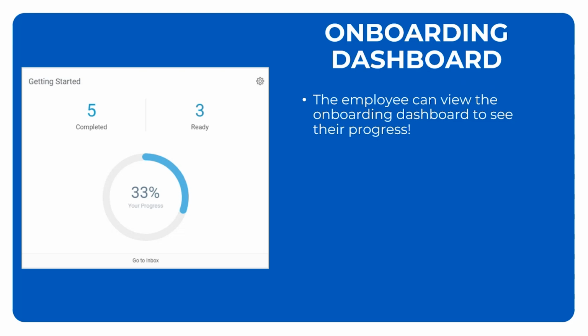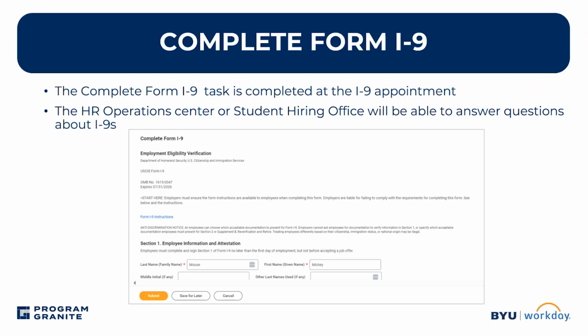Okay, so your onboarding dashboard will show you your remaining tasks. I know we only have a few minutes left, so we'll just make it through this content. I think it's important for you to know. The complete I-9 form task is completed at the I-9 appointment or ahead of time. Your new hire can start this process at home or on their phone, okay? And what can they do?